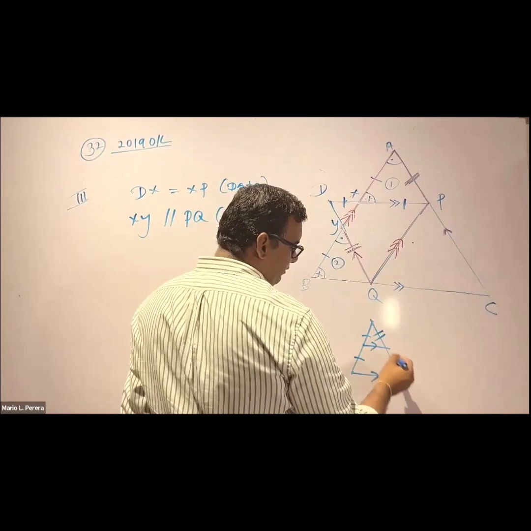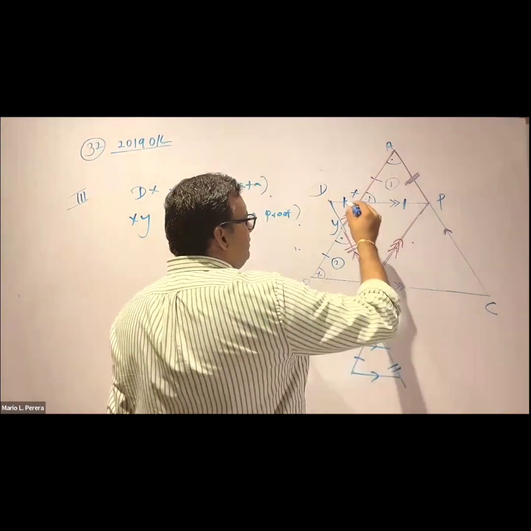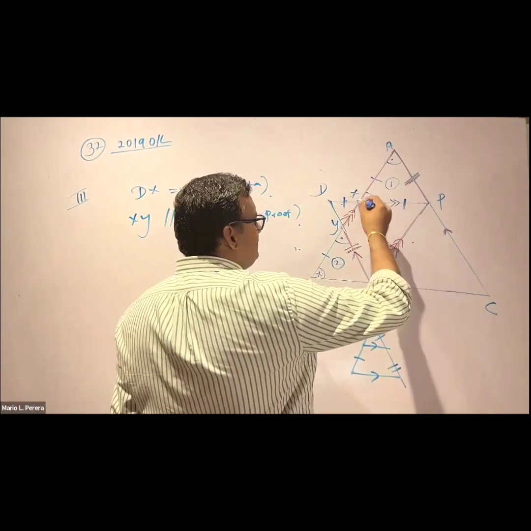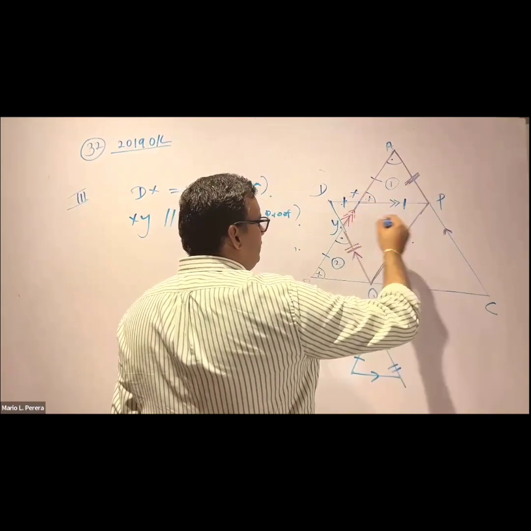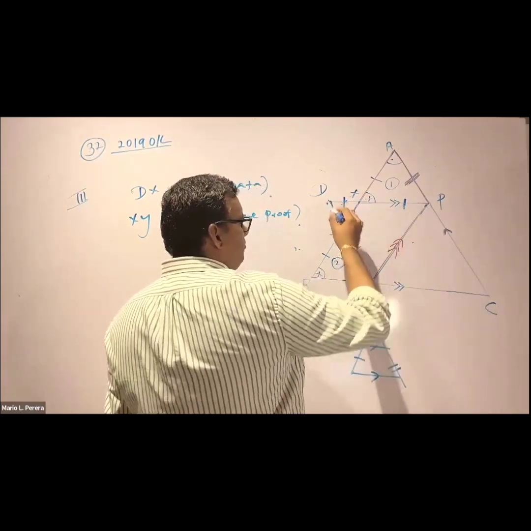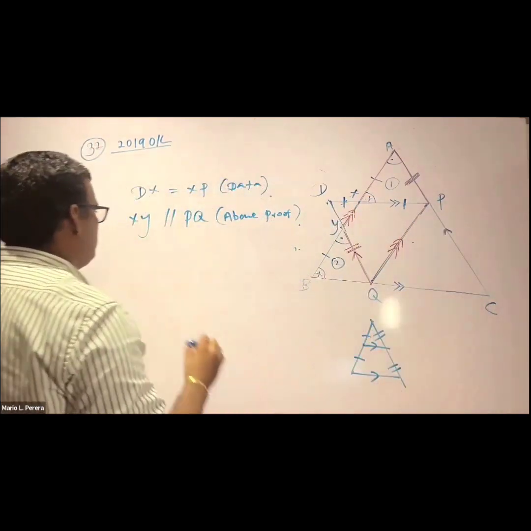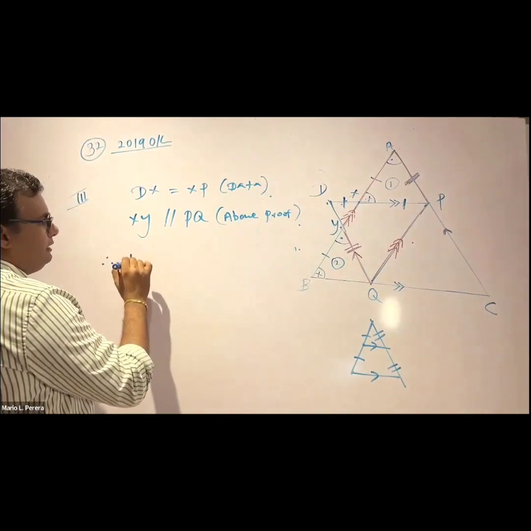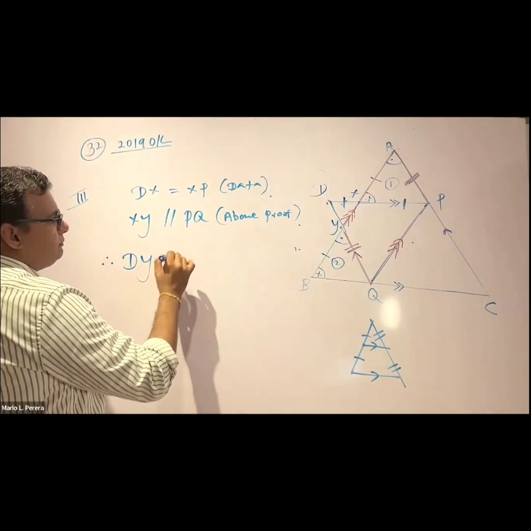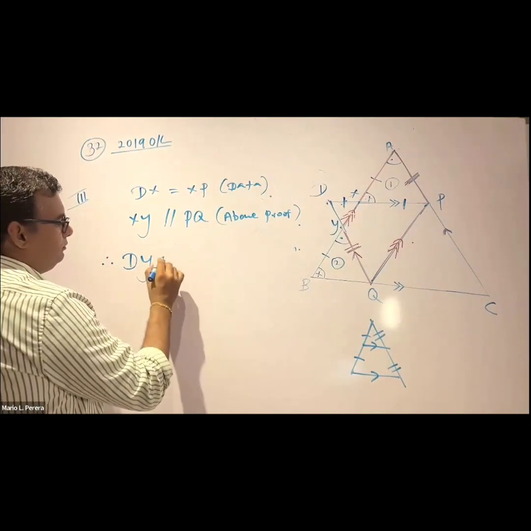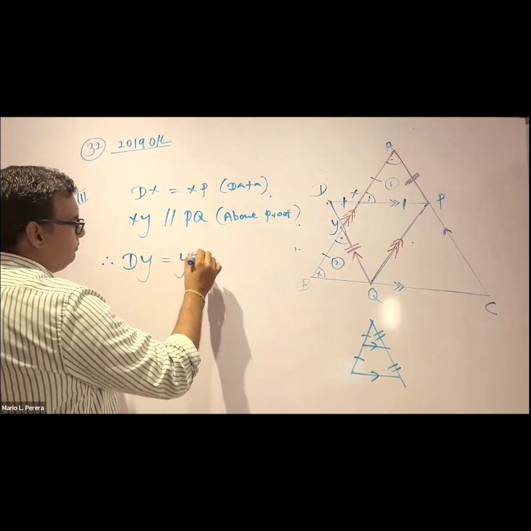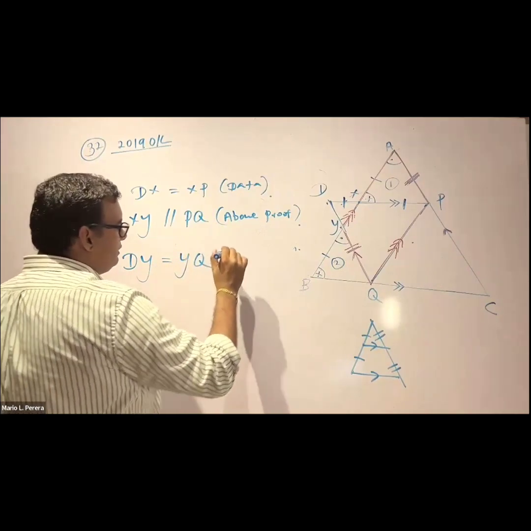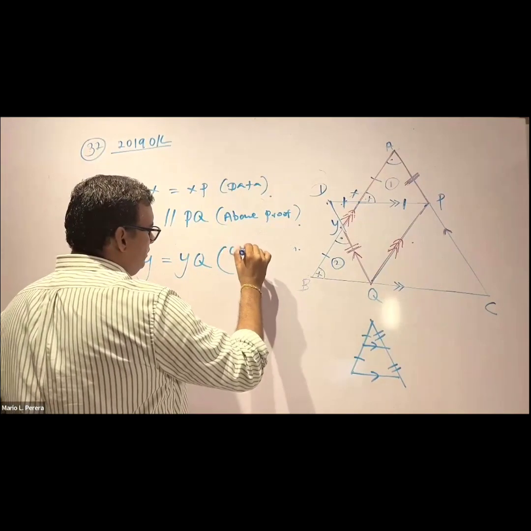So when these two parts are equal, X is a midpoint, and these two lines are parallel, then this should be bisected. As a result, you can say therefore DY is equal to YQ, converse of the midpoint theorem.